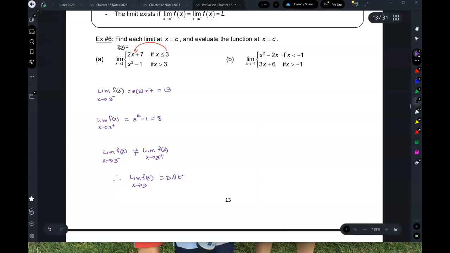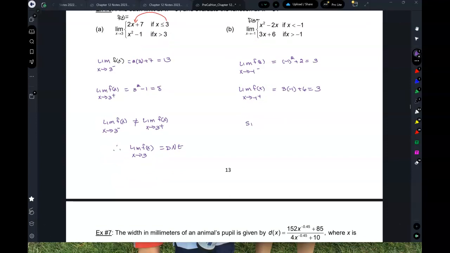Okay, so here we go. This one too, I was going to say f of x is equal to. The limit of f of x as x approaches negative 1 from the minus side is negative 1 squared plus 2, which is 3. The limit of f of x as x approaches negative 1 from the plus side is also 3. Now, I can see that they're both 3, but we still have to write that step.